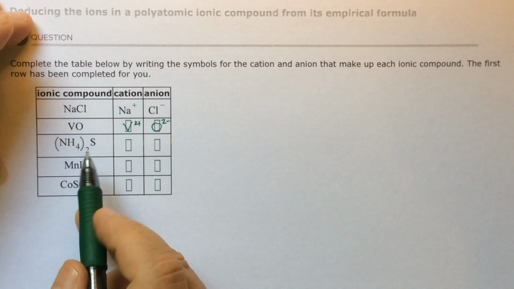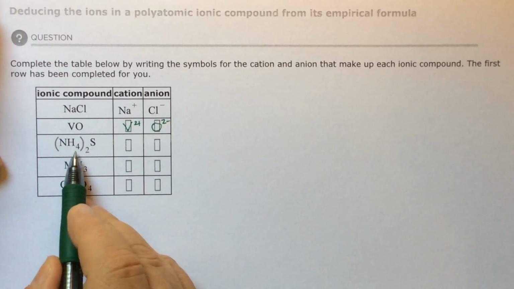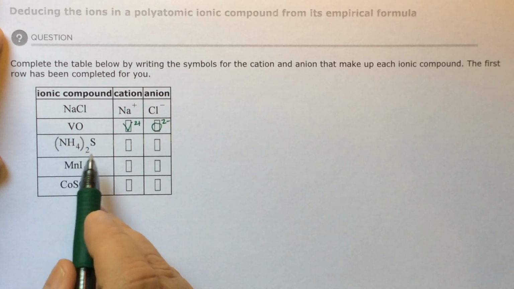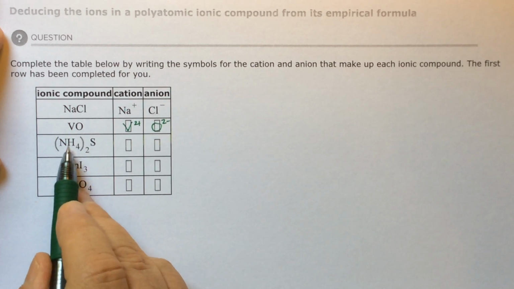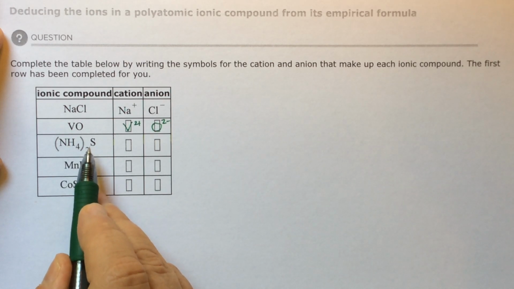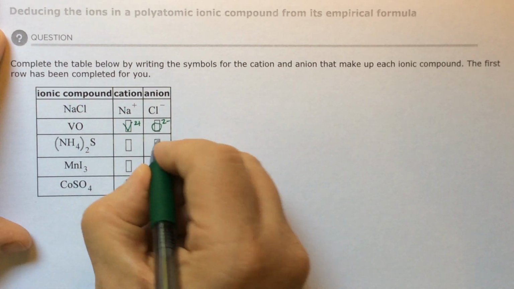Okay. Here's the first one, or the only one that's polyatomic that's positive, and that's ammonium. I've got 2 ammoniums. Ammonium is positive 1, so I've got 2 positive 1s, and 1 sulfur is in group 6, so it must be negative 2.